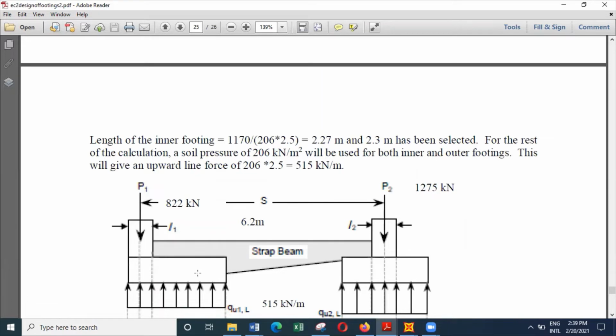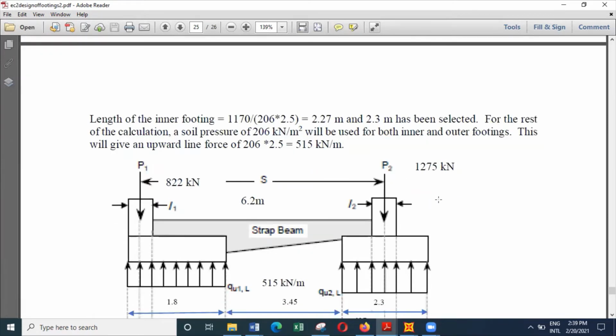This has a length of 1.8 meters. The width is the same, 2.5 meters. Which means we have selected almost all the parameters, including the eccentricity value E, which is 0.7 meters. So we have a distance of 6.2 meters and a total load of 822 acting here, a total load of 1275 acting here, and these are due to ultimate.